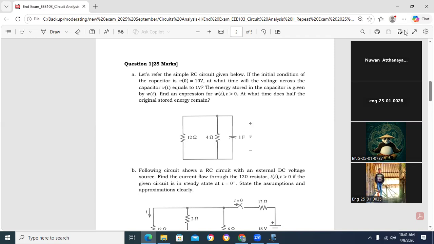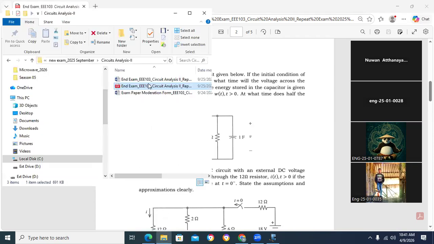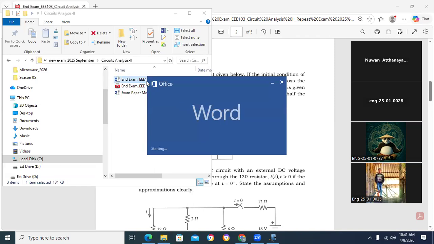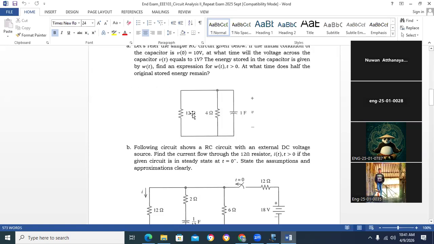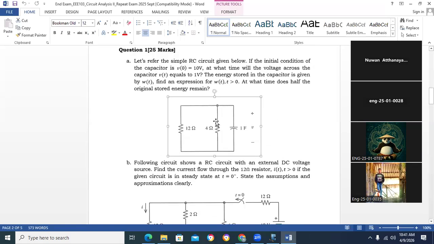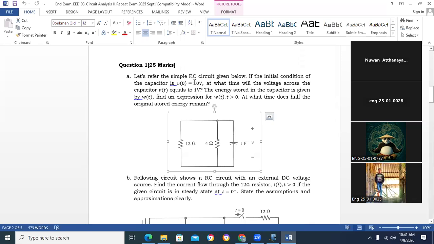I will get this in Word version because I can directly copy the circuit. So this kind of question you will definitely get. This is a very simple question. Sometimes you will have a DC source.